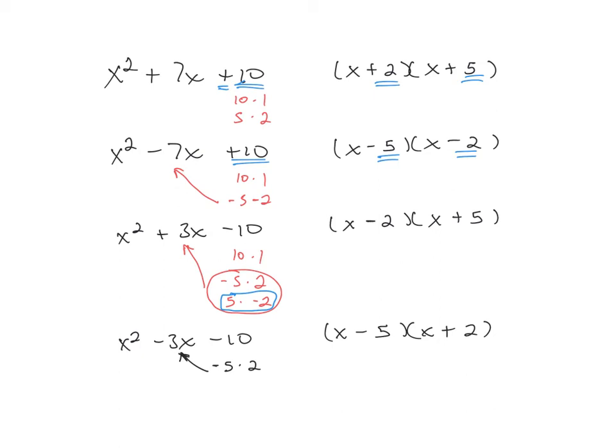Okay, and so if you were to multiply this stuff back out, you will get the trinomial on the left side. So you'll have some where the last one's positive and the middle one's positive, or the last one's positive and the middle one's negative. You'll have a mix.